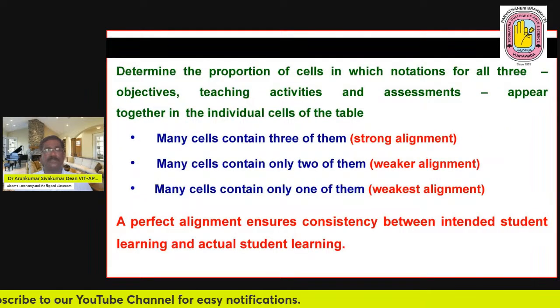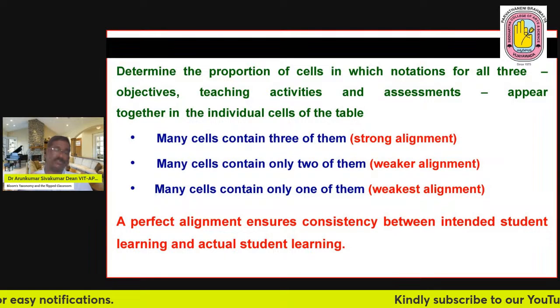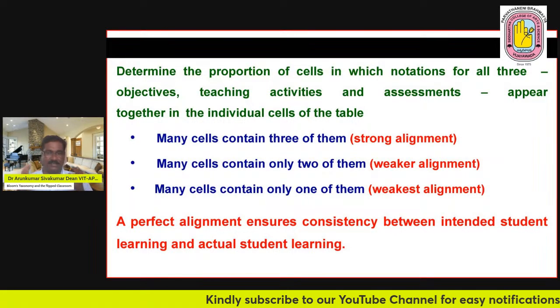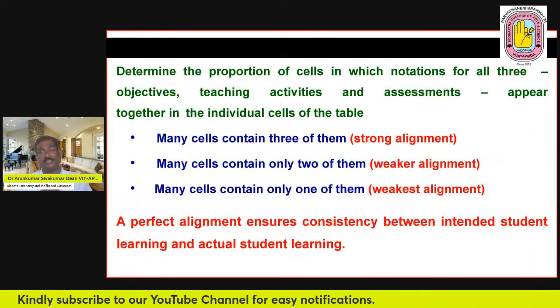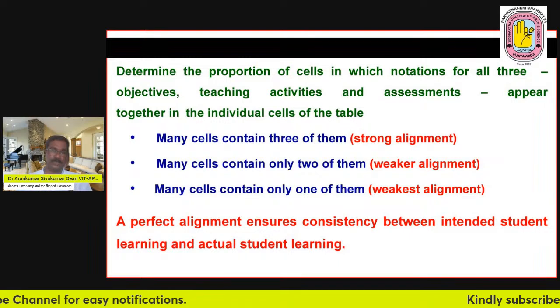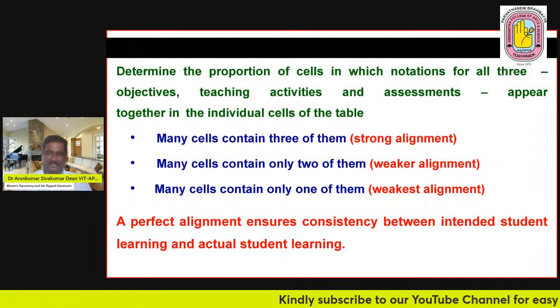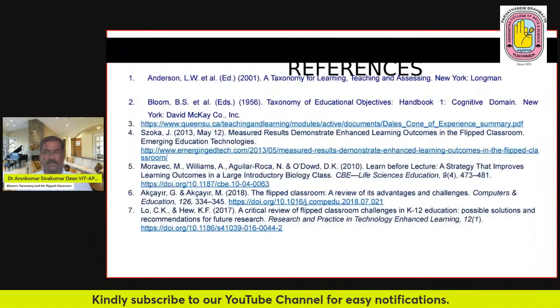If in that table many cells contain all three, then strong alignment is there. So determine the proportion of cells in which notation for all three, objectives, teaching activities and assessment, appears. So strong alignment, weaker. So you can categorize your learning objective. A perfect alignment is required.